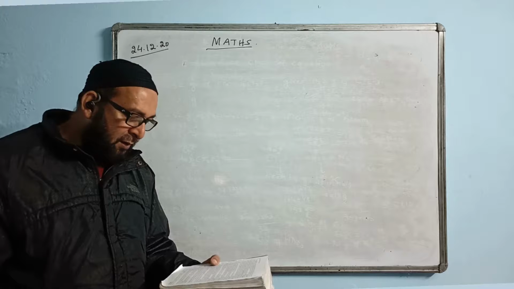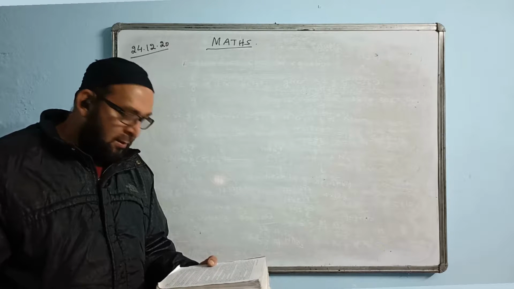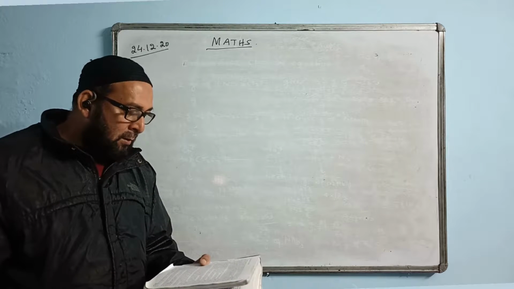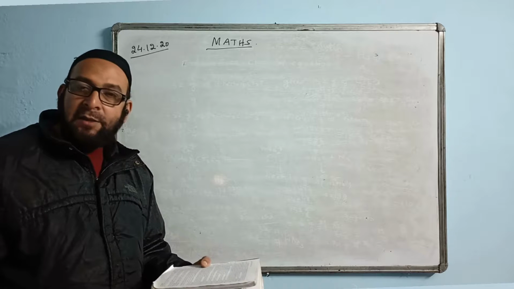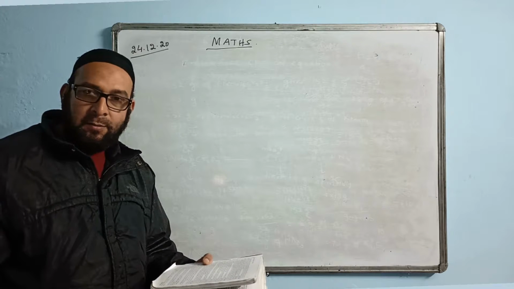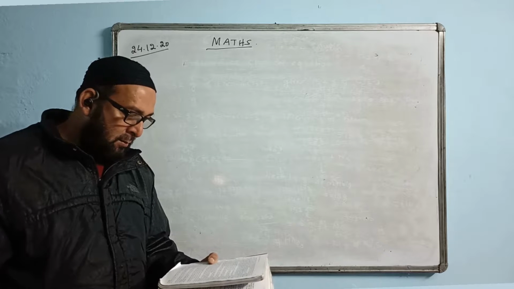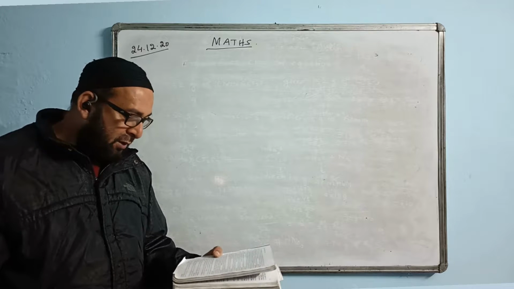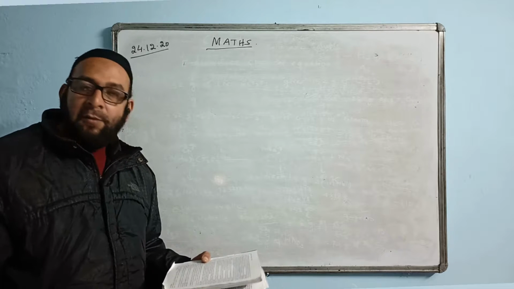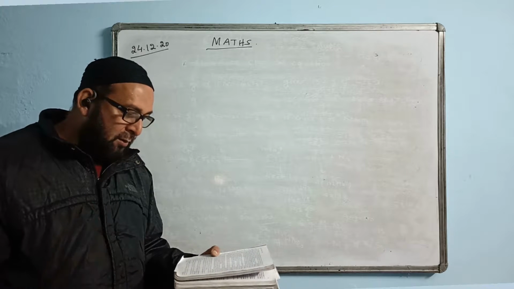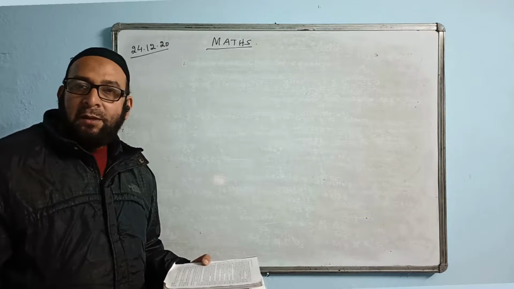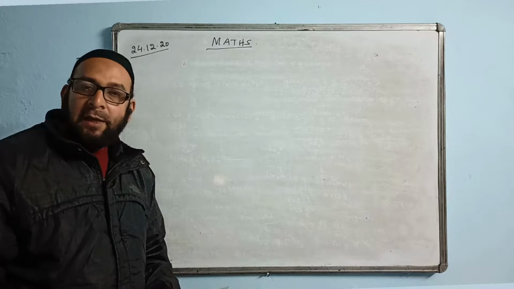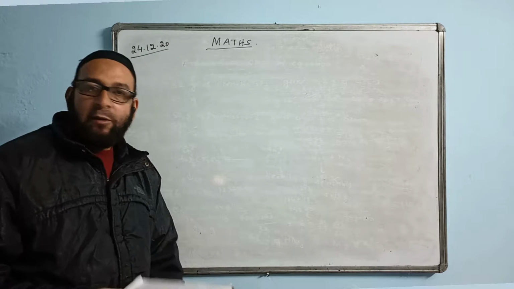If he gets rupees 8325 as interest at the time of maturity, find the first part, the monthly deposit, and the second part, the maturity value.